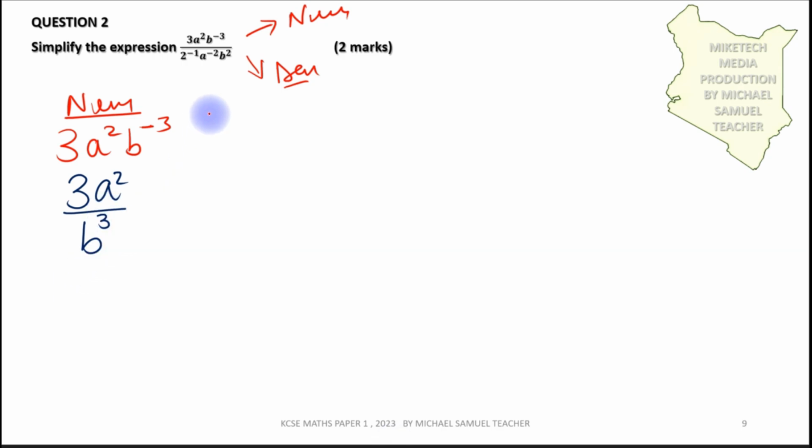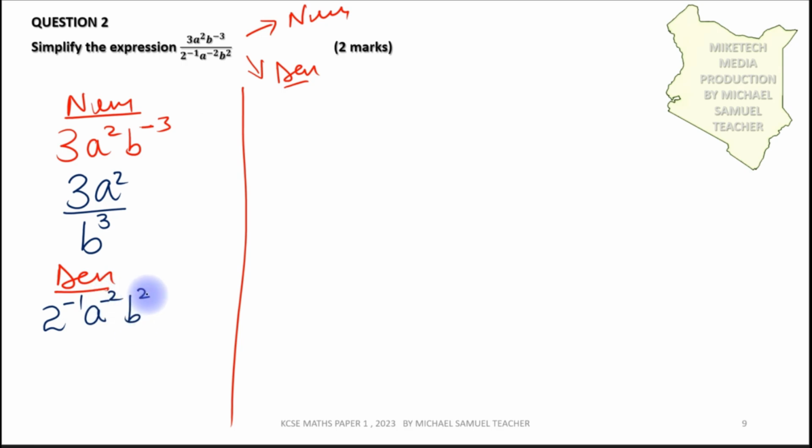And then for the denominator, we have 2 raised to minus 1 times a raised to minus 2 times b raised to 2. 2 raised to minus 1 can be written as a half, times 1 over a squared, times b squared.